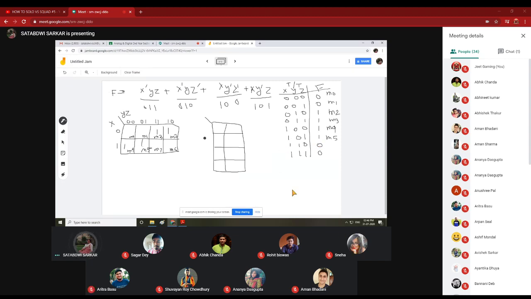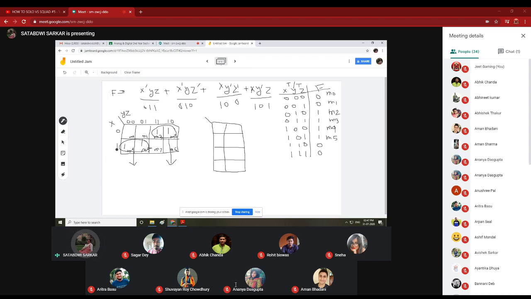See here, these two cells and here these two cells are close to each other, so we can group them together or make a pair of these two values. So there are two pairs. Now we have to make one term for each pair.